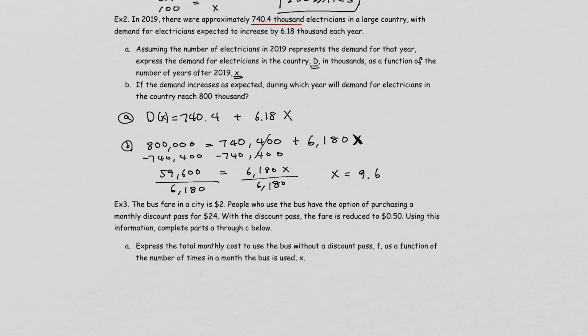This is a year, so when you round off, since they say approximately, it will give you around 10. When you add 10 years to the starting year, 2019 plus 10, it will become 2029. So in the year 2029, the number of electricians will become around 800,000.